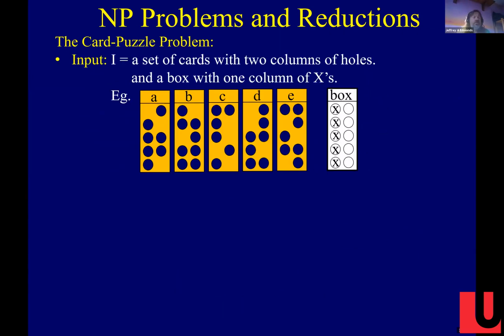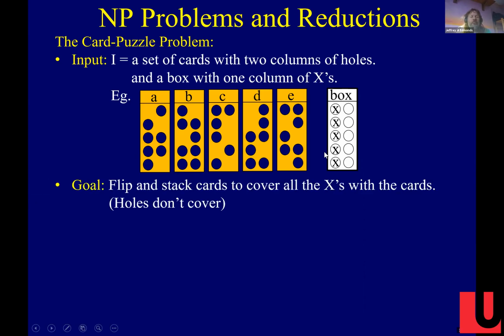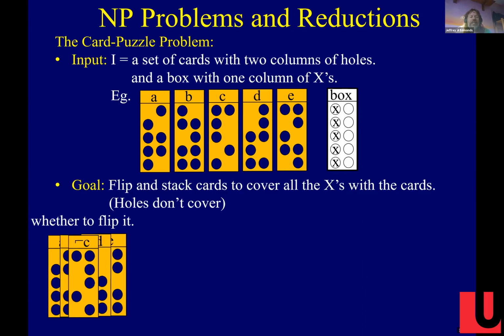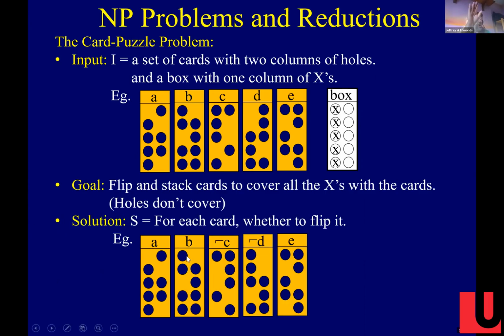So what's the clause puzzle? The clause puzzle is you're given a bunch of cards, each card has 2 columns and lots of rows, and a box. A solution is you take cards and you flip them left to right. I remember I had my C card flipped wrong.